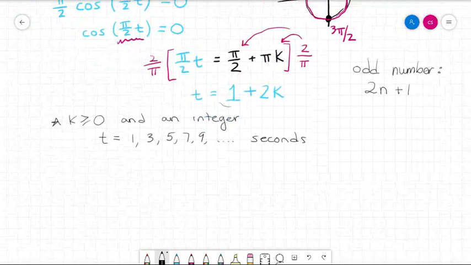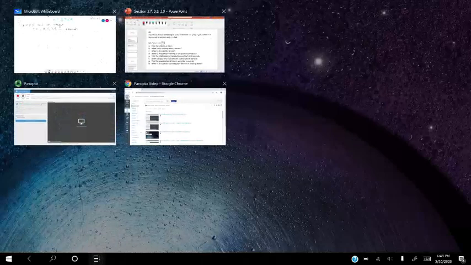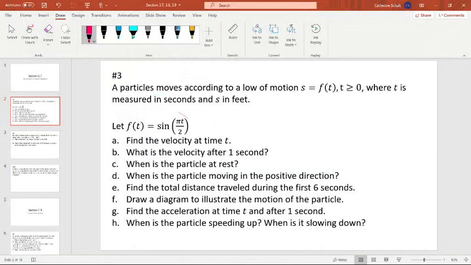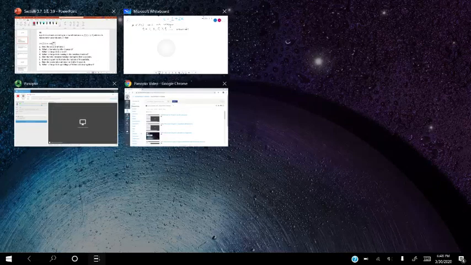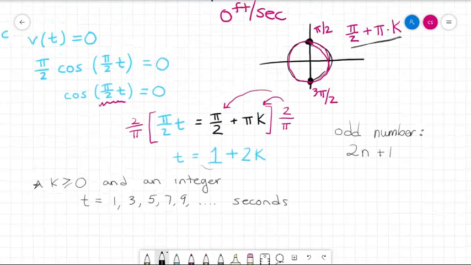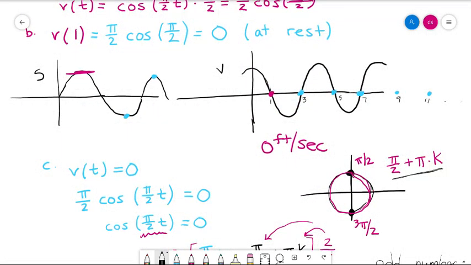Let's look at part D. When is the particle moving in the positive direction? Let's examine this.